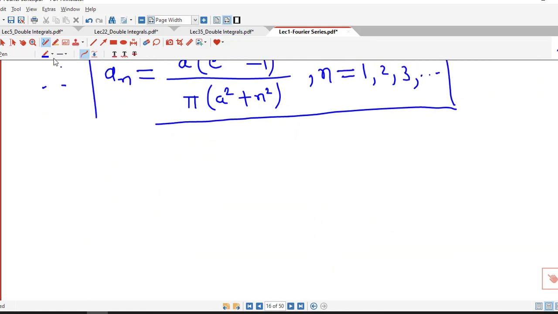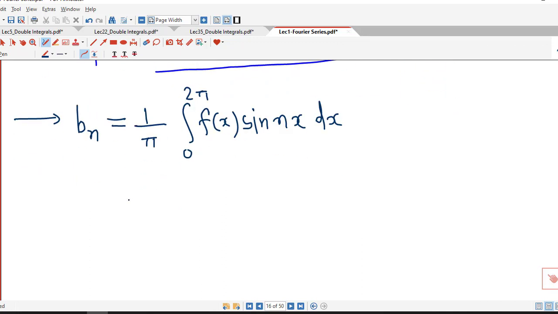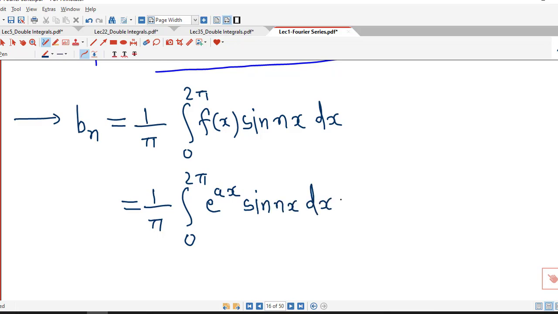Now we find the Fourier coefficients bn. So bn are given by 1 over pi, integral from 0 to 2 pi, f(x) multiplied with sin nx. Now f(x) is e raised to ax, so we have 1 over pi, integral from 0 to 2 pi, e raised to ax sin nx dx.